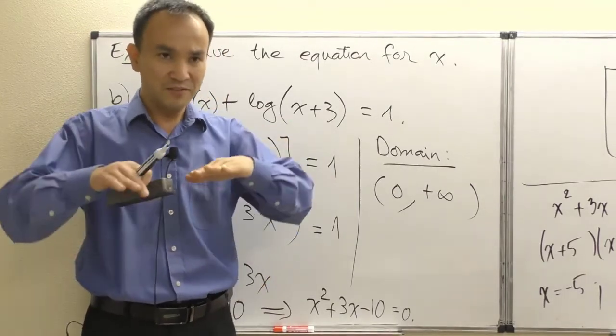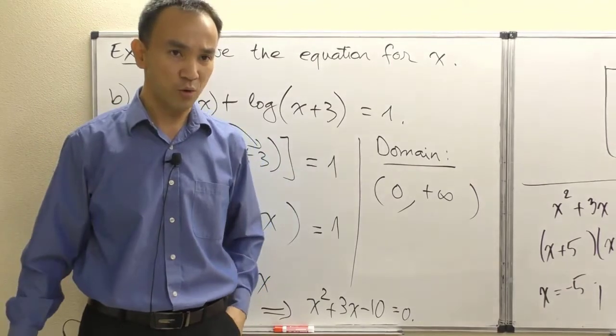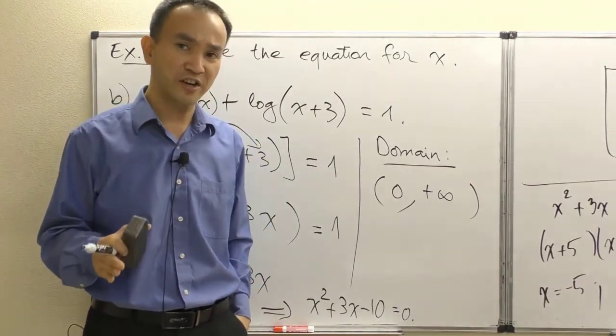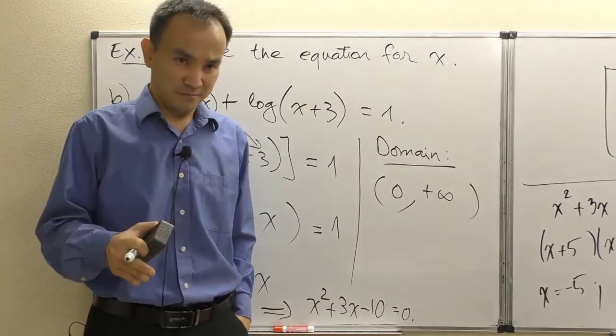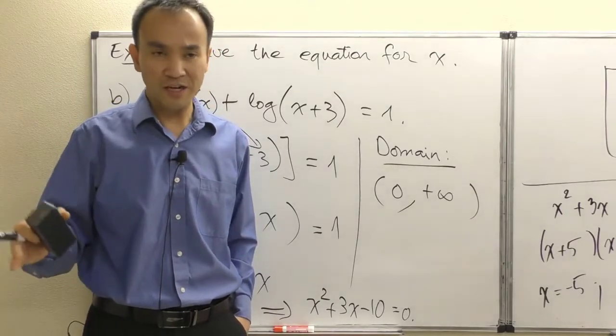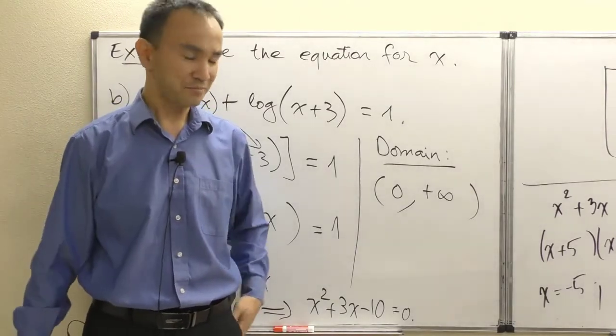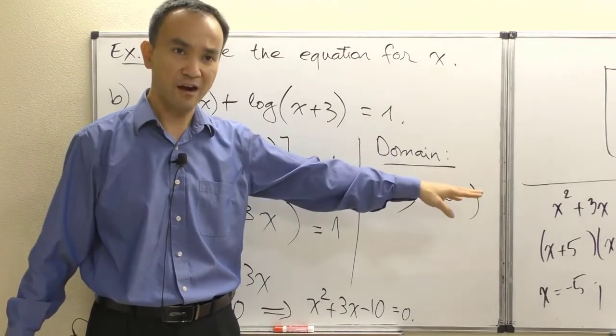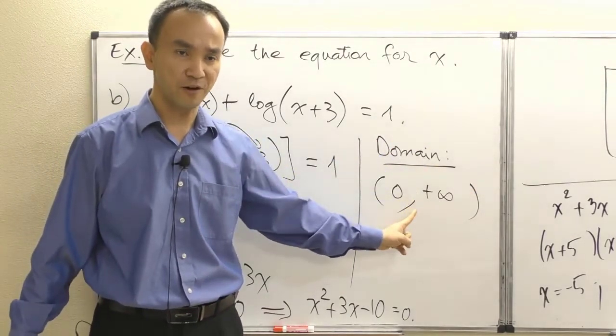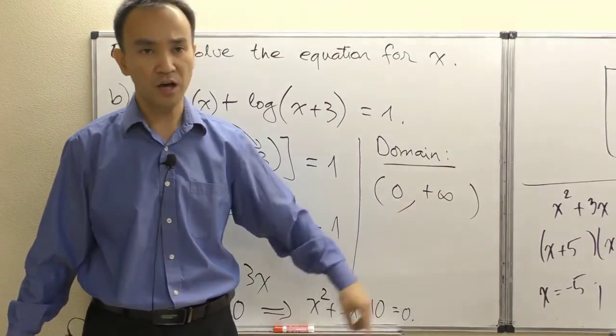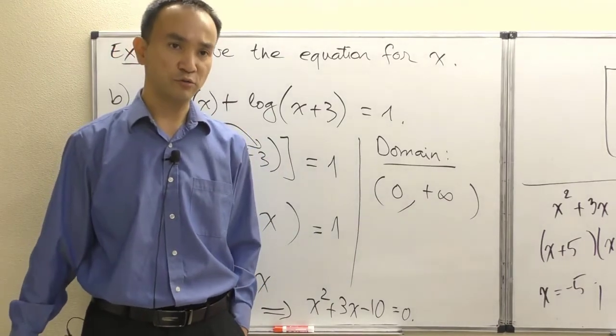Even more generally, anytime you're solving an equation that involves logarithms, one term or multiple terms, or log and something else, we always have to check our tentative solution with the combined domain of all the logarithms. We always have to check.